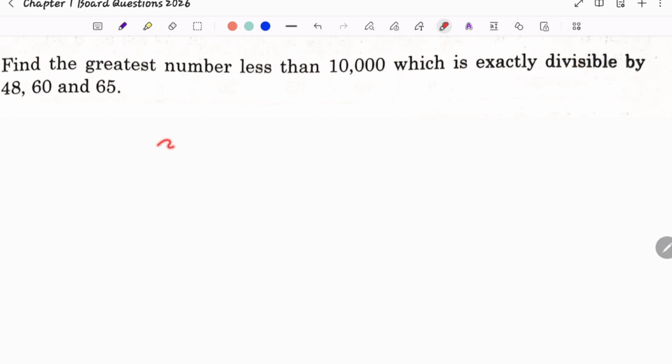Suppose we are going to find x, but that x should be divisible by 48, by 60, and by 65. So we should find one number x that is the greatest such number. So we should apply the LCM idea. Is it okay?